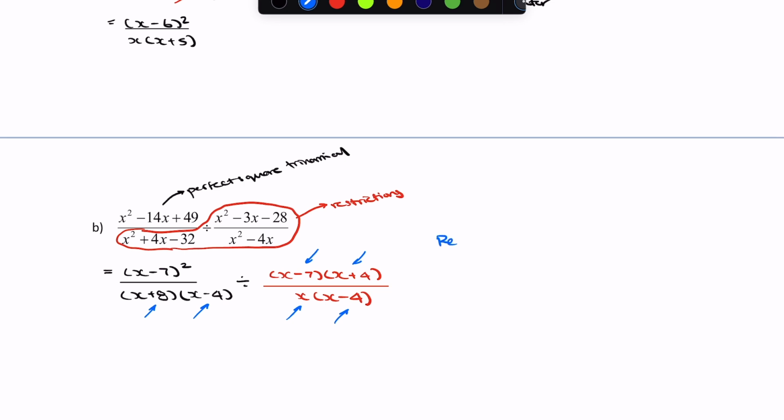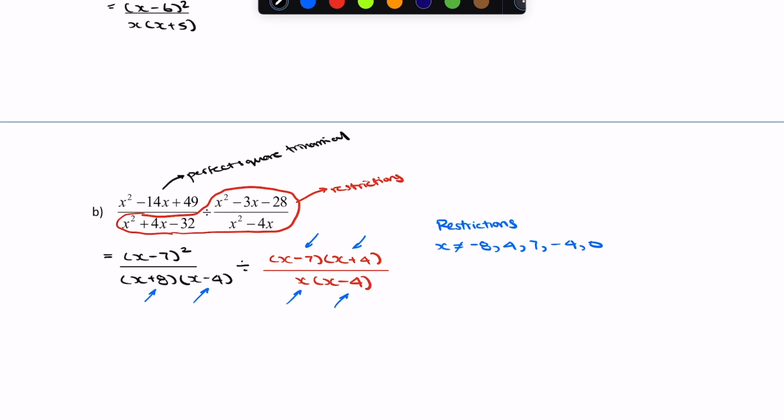So here our restrictions will be x cannot equal -8, 4, 7, -4, and 0. You can do this all in one step, or if you prefer, you can list the restrictions of -8, 4, and 0 first. And then once you flip it into a multiplication statement, you can list the last two, which would be 7 and -4 as well.